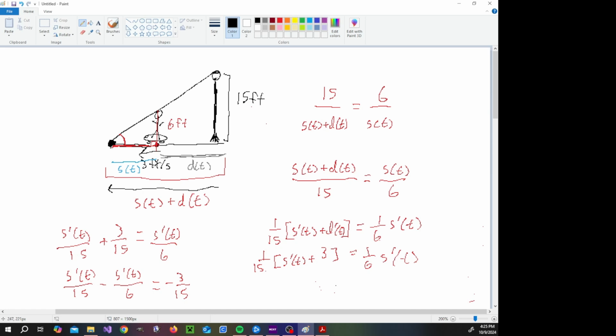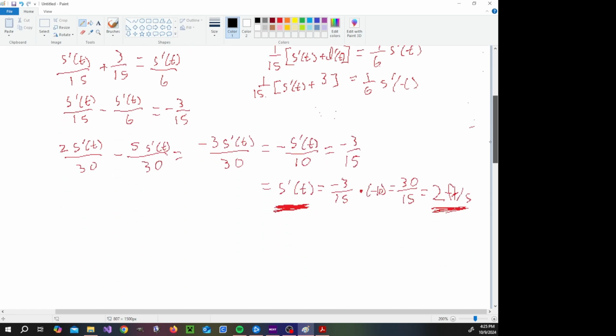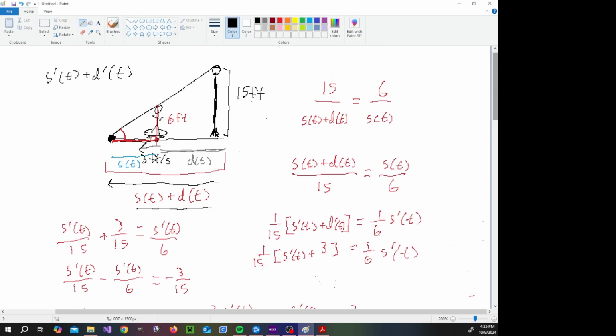Well, if this line really is s plus d, then taking the derivative of this line should be s prime of t plus d prime of t. So we just found s prime to be 2, and the question tells us d prime is 3, so that should be 5 feet per second.